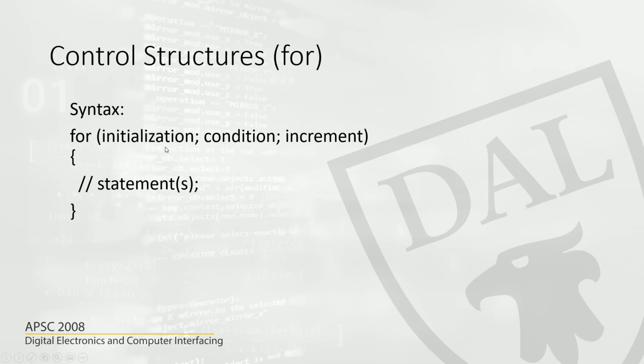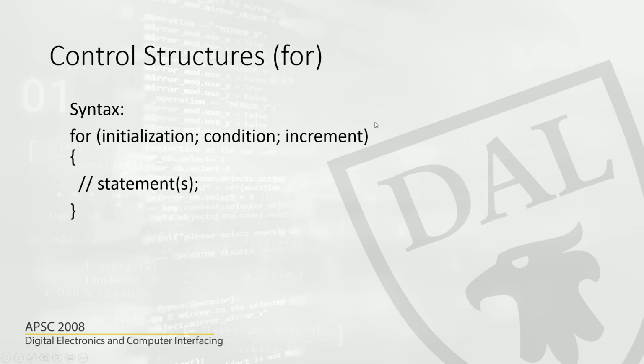You start with the initialization, then you check the condition, and then you increment, in this order. Let's say you initialize it, check the condition, and if the condition is true, execute the statement, and then go ahead and increment. And then you check the condition again. If the condition is true, execute it, increment, and check the condition.